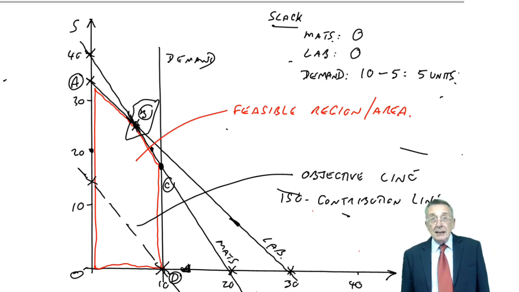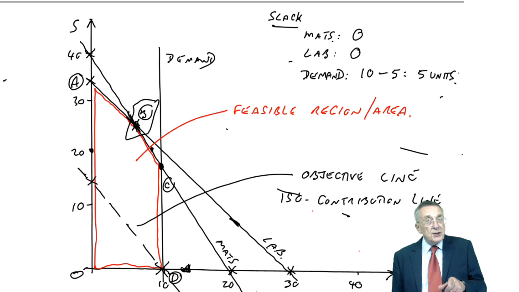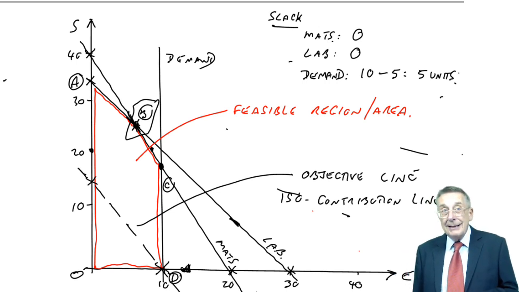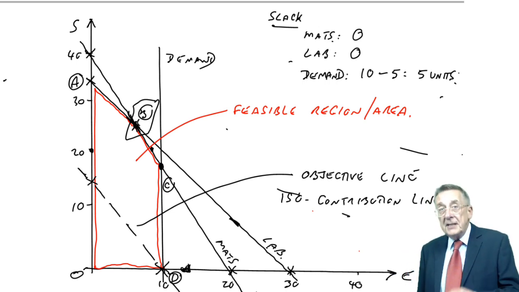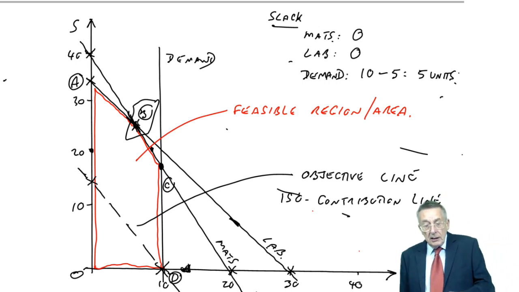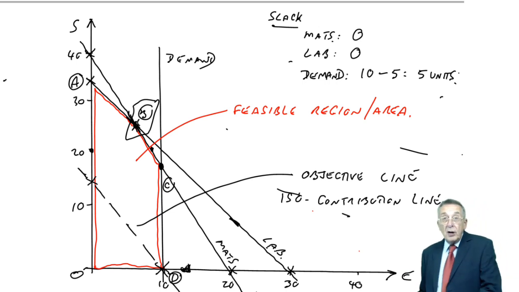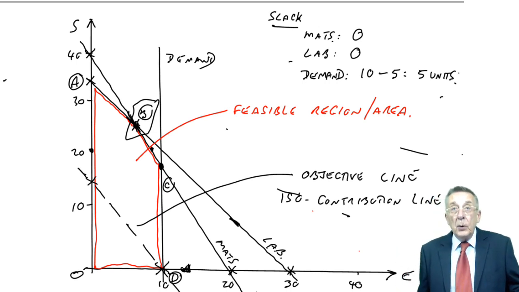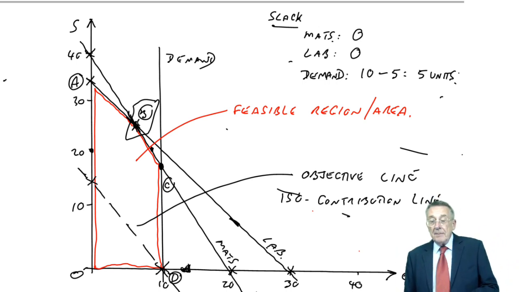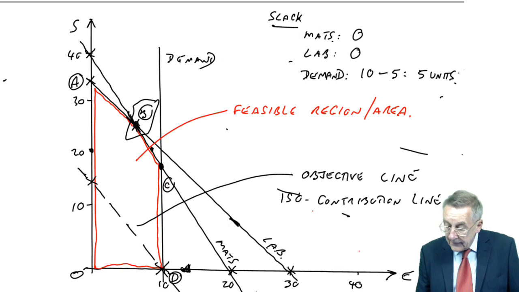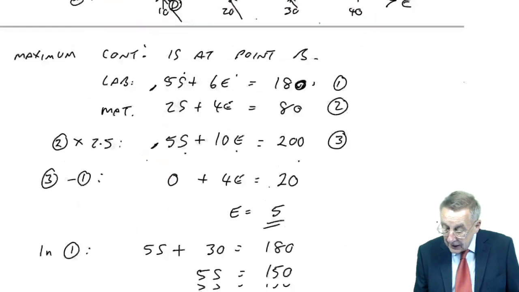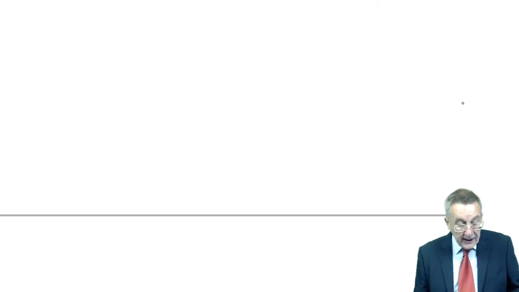And you could be asked to calculate how much extra would you be prepared to pay to get more material. Why would I pay any more? Because if I bought more, I could make more units and make more contribution. So if I can make more profit, I'm prepared to pay more to get the extra kilos. Well, that extra is called the shadow price.